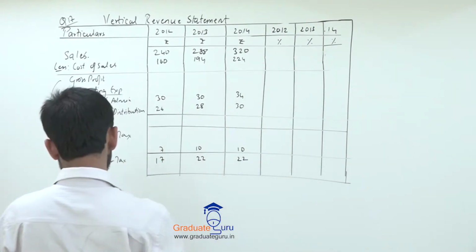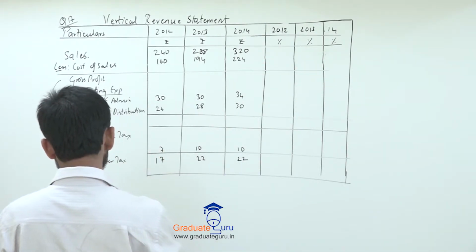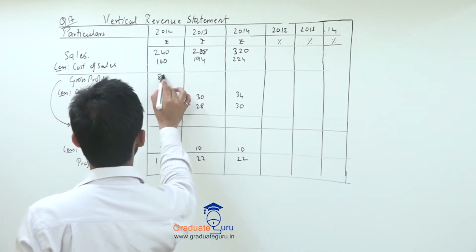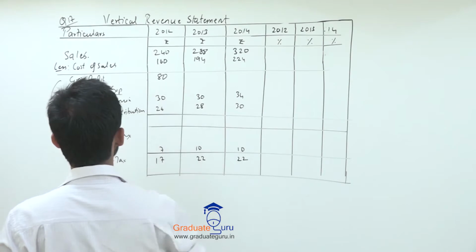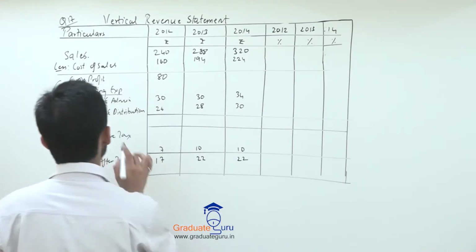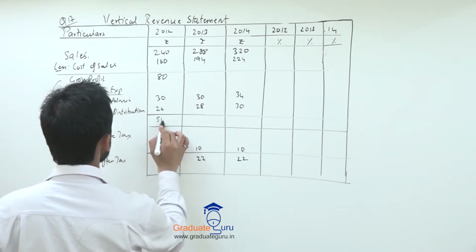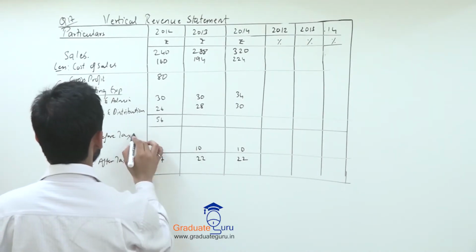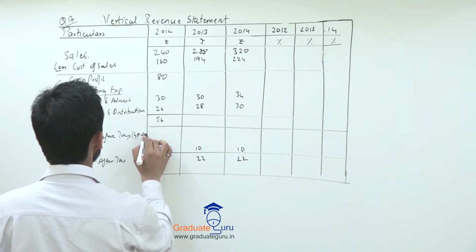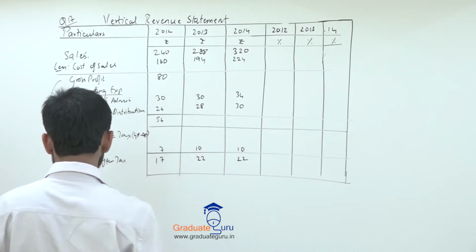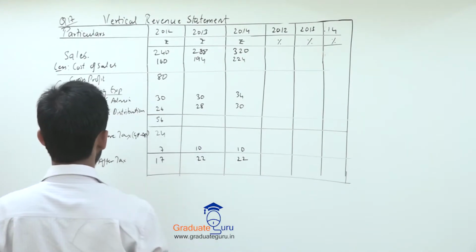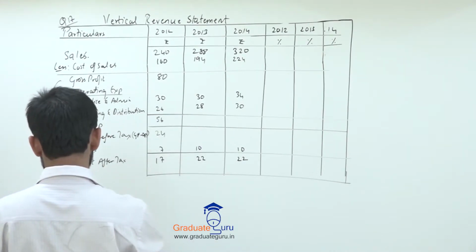240 minus 160 will give you 80. Yes, of course. Add up these two, 56. Now subtract these two. This is GP minus operating expense. 80 minus 56 will give you 24. 24 minus 7 is of course 17.